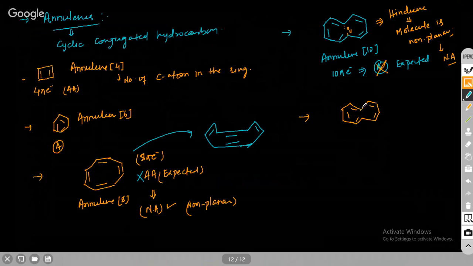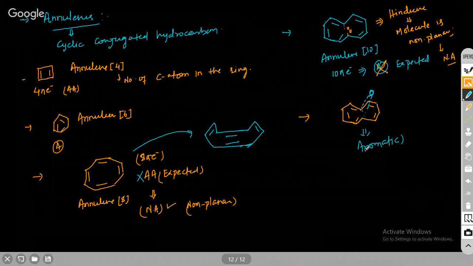And here, what happens with this bond and this bond? Suppose some other atom is attached, this is oxygen. These two mean this oxygen is coming towards you. The whole ring is in one plane, and this is coming above, at the upper surface of the plane, coming out of the plane. So if any atom is attached like this, then this ring is planar, and the molecule is aromatic in that case.